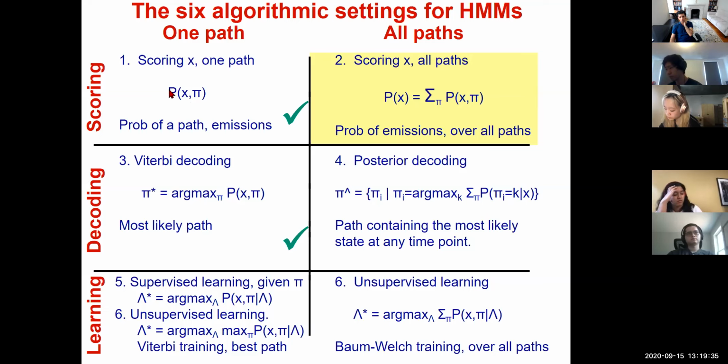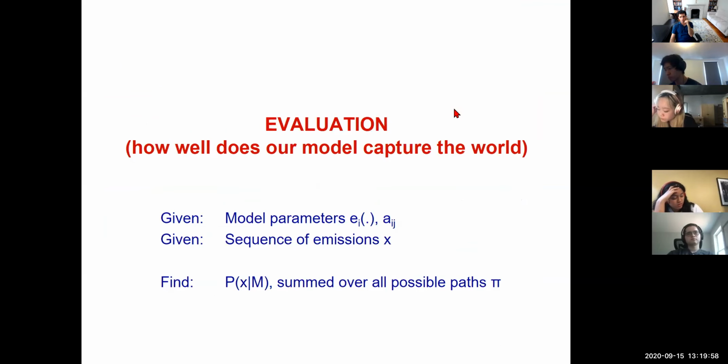So that's basically not just the probability of X given a given path, but the total sum probability of all of that, summing over all paths, basically marginalizing over all paths, and then ending up with the total P of X regardless of the path. So that's the sum over all paths, each weighted by its path probability.